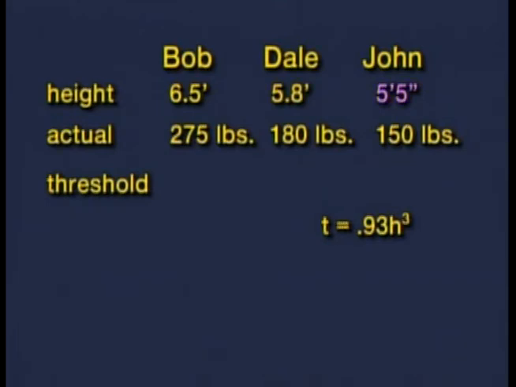John's 5 feet 5 inches is about 5.4 feet. We want to find the threshold weight for each of these men and compare it with their actual weight. So we'll substitute each height in the specific formula and solve for t. If someone weighs less than the threshold weight, he's probably in pretty good shape. If he weighs more than the threshold weight, he probably should do something about it.